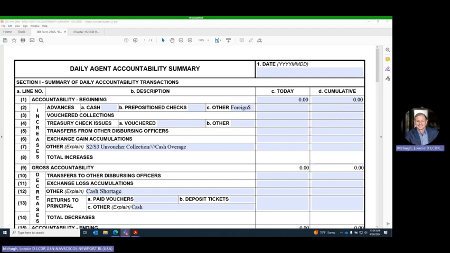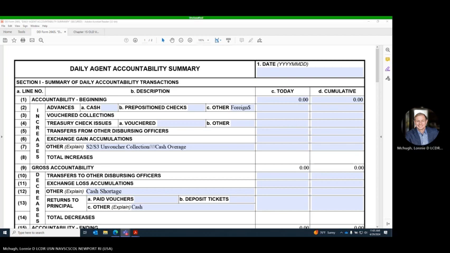The 2665 is prepared by the agent each day that they're doing business. It is a complete picture of all of their accountability and everything that they're working on. The disbursing officer is required to audit this form. If you look in the instruction, the DoD FMR Volume 5, you'll see two sets of information on how often this should be balanced.